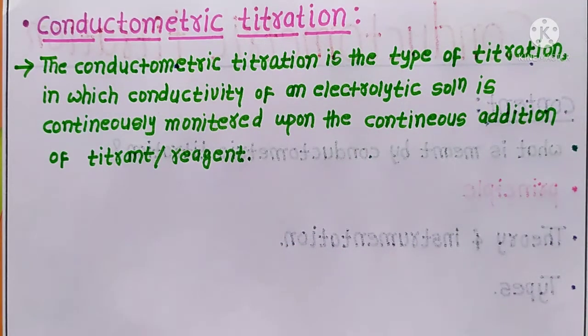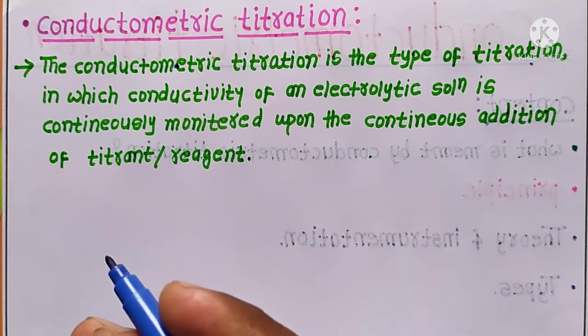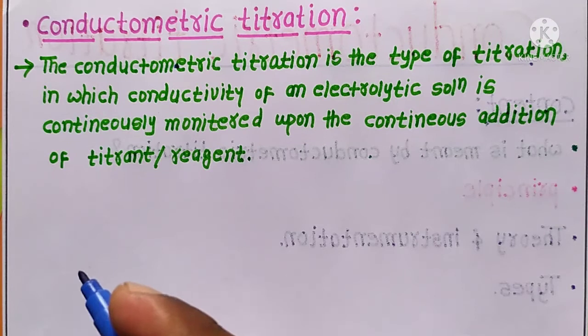The conductometric titration is also defined as the determination of the end point of an electrolytic solution on the basis of conductometric measurement.